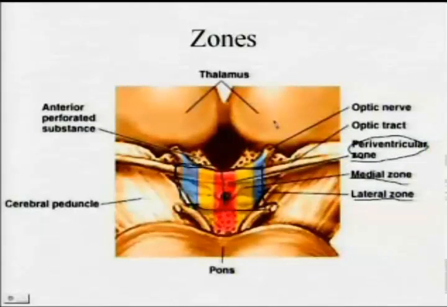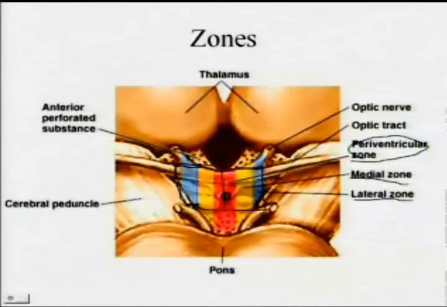I'll just quickly point out other structures here. Here's the thalamus, the cerebral peduncle, a major heavily myelinated pathway going from the cortex down to all the rest of the brainstem, and most importantly carrying motor axons down to the spinal cord to control the somatic motor system.